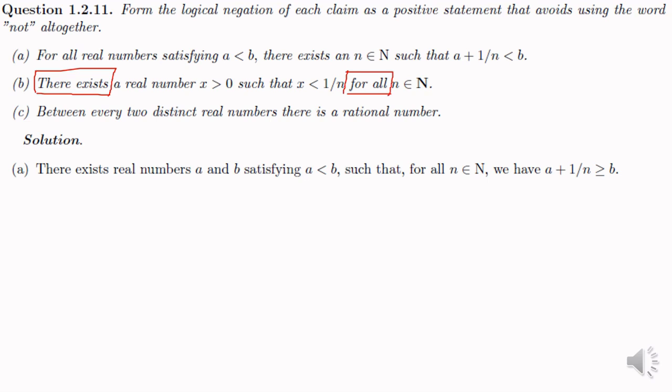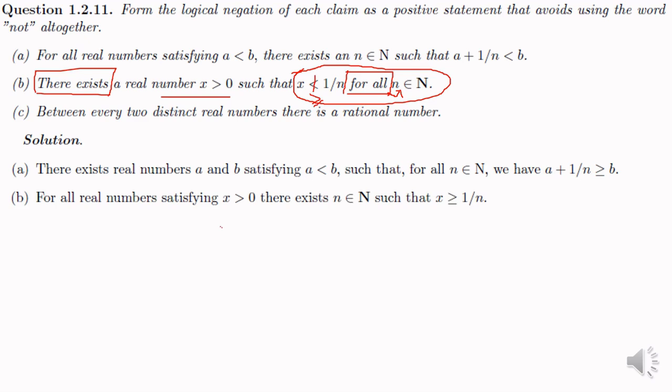So when we write the negation, there exists a real number x greater than 0; the negation will be for all real numbers x greater than 0. Then the negation of for all n element of N, x less than 1 by n, will be there exists n element of N such that x less than 1 by n changes to x not less than 1 by n, which is x greater than or equal to 1 by n.